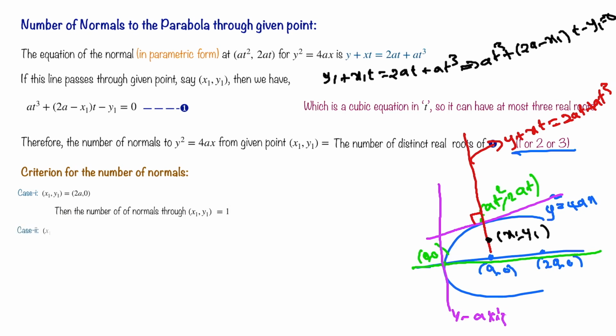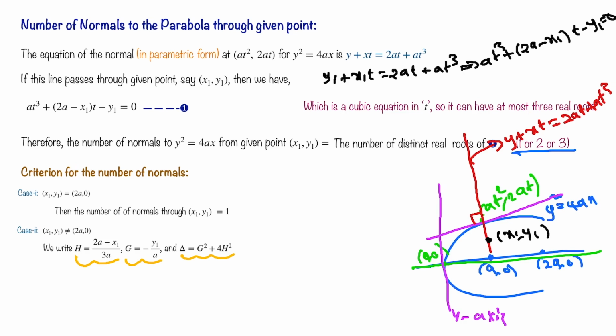Case 2: if (x1, y1) is different from (2a, 0), then we are going to state the criterion in terms of the number of distinct real roots for this cubic equation. We are going to compute something called delta in terms of the coefficients of a cubic equation like this. Here we write delta equal to g square plus 4h square, where g equal to minus y1 by a and h equal to (2a minus x1) by 3a.